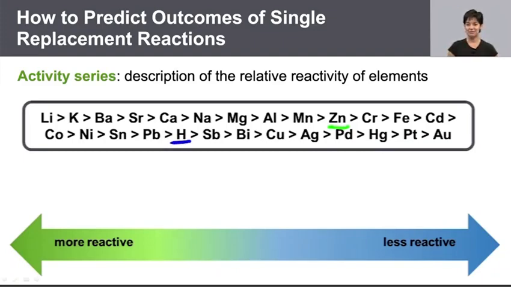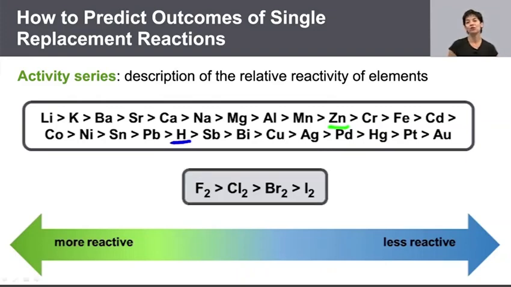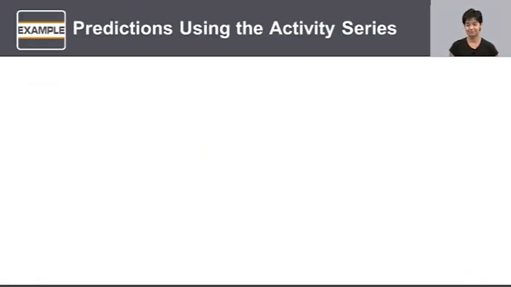Does that make it clearer? I hope so. We can also do this with the halogens. The activity series shows us that the much more reactive fluorine is to the left of the much less reactive iodine. So let's use that activity series to make those predictions.